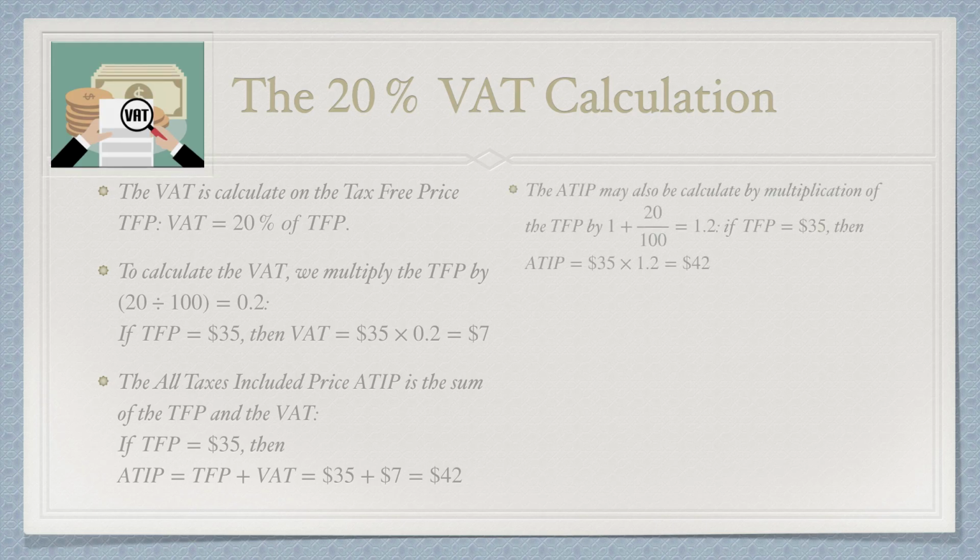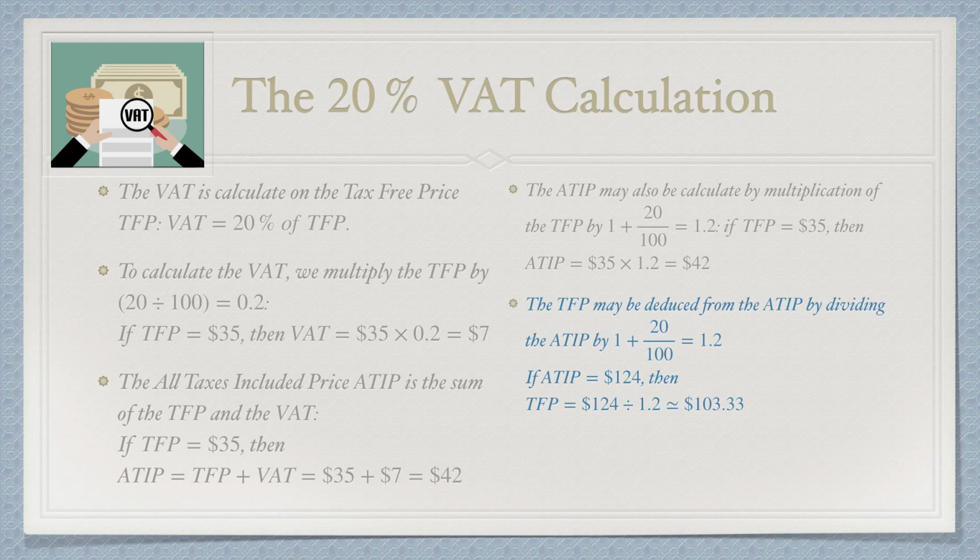The ATIP may also be calculated by multiplication of the TFP by 1 plus 20 over 100, that is 1.2. If TFP is $35, then ATIP is $35 multiplied by 1.2, that is $42.